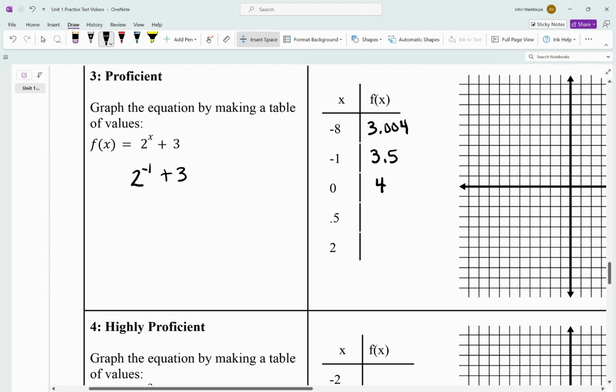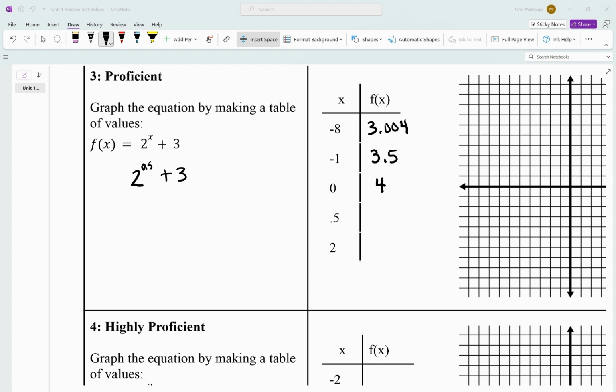And how about 0.5, or 1/2? What happens if I raise 2 to the 0.5 power? Well, let's see what happens.